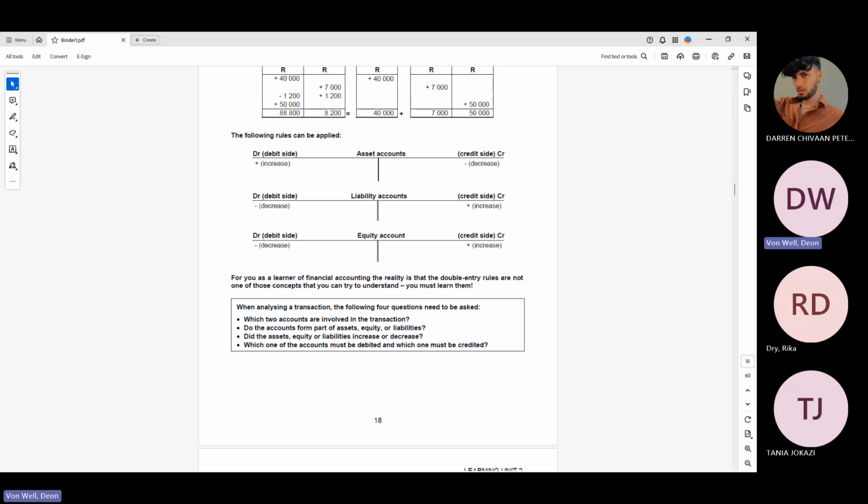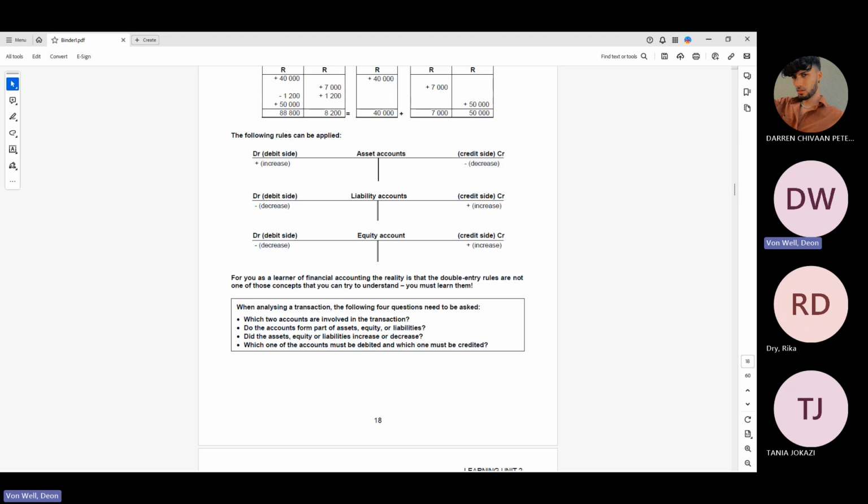When it comes to my equity, that's like my capital account. Here, the heading will be capital account. I've got my debit side, I've got my credit side. Now, my equity, when the owner contributes, let's say for example cash, my entry will come to the credit side because he's now contributing.